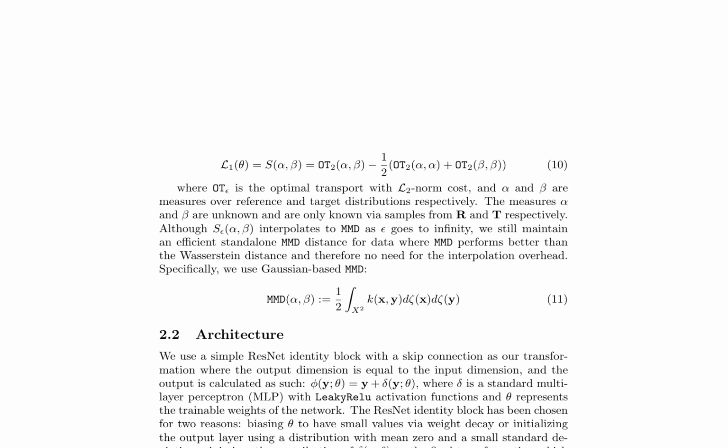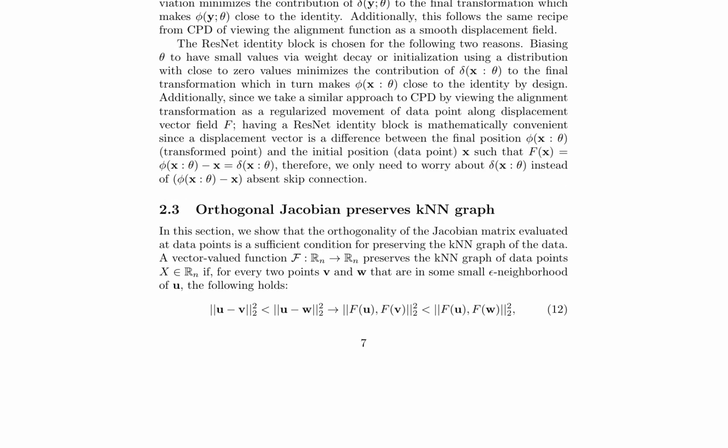The authors use a simple res-net identity block as their transformation, where the output dimension is equal to the input dimension. The output is calculated as phi(y, theta) equals y plus delta(y, theta), where delta is a standard multi-layer perceptron, MLP, with leaky ReLU activation functions, and theta represents the trainable weights of the network.